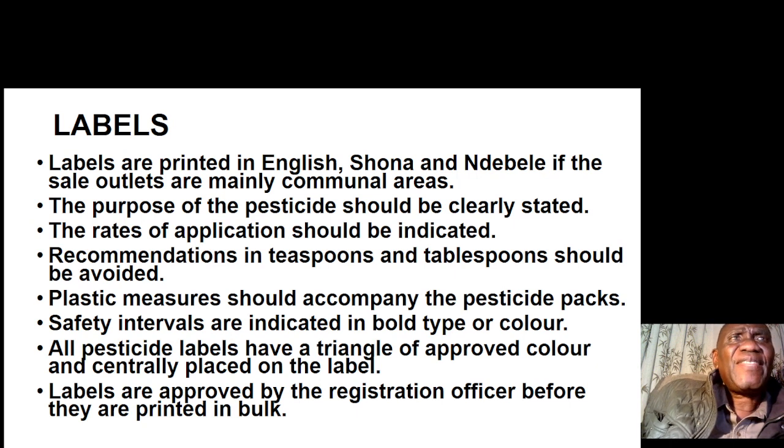The purpose of the pesticide should be clearly stated on the labels. The rates of application should be indicated because they give direction of how the pesticide should be applied and handled. Recommendations in teaspoons, tablespoons, cups and so on should not be on the labels. It should be very specific.